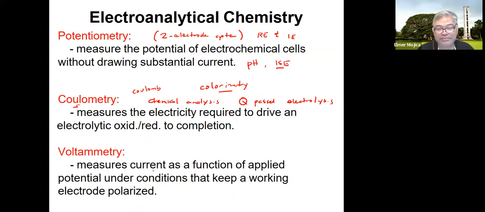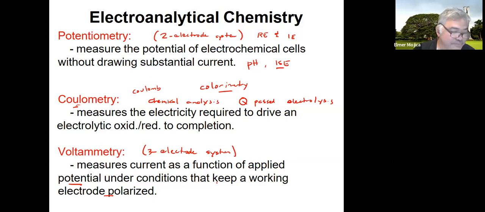Voltammetry measures current as a function of applied potential under conditions that keep a working electrode polarized. Unlike potentiometry, this is a three electrode system. And we will discuss most of this later on, potentiometry and voltammetry.